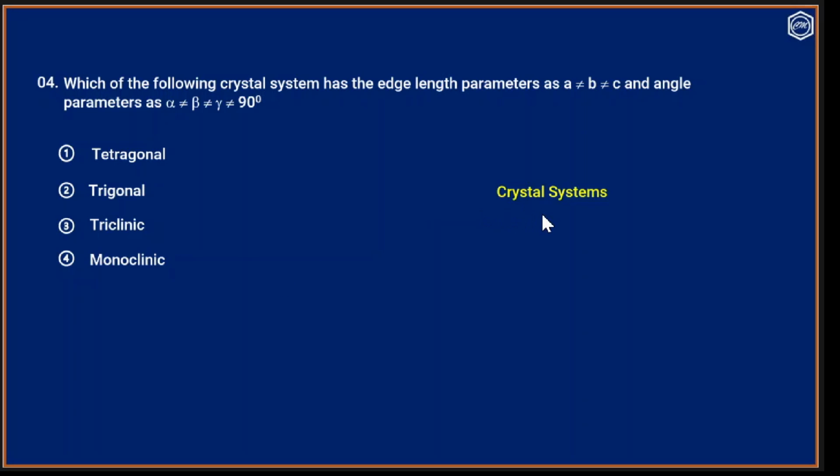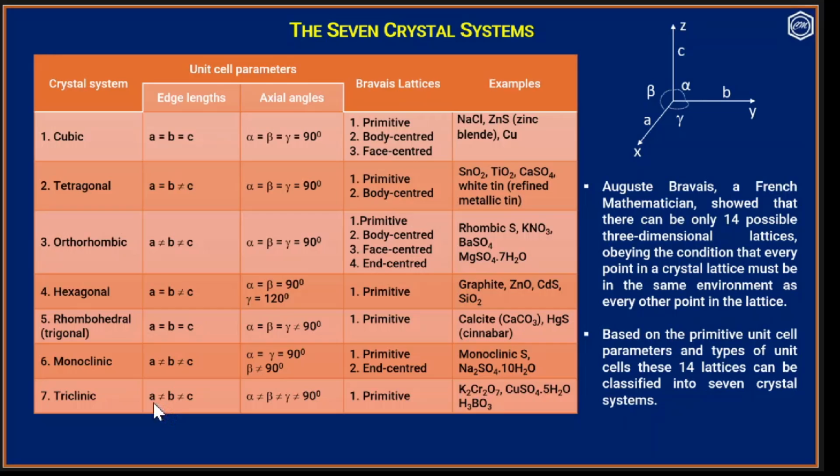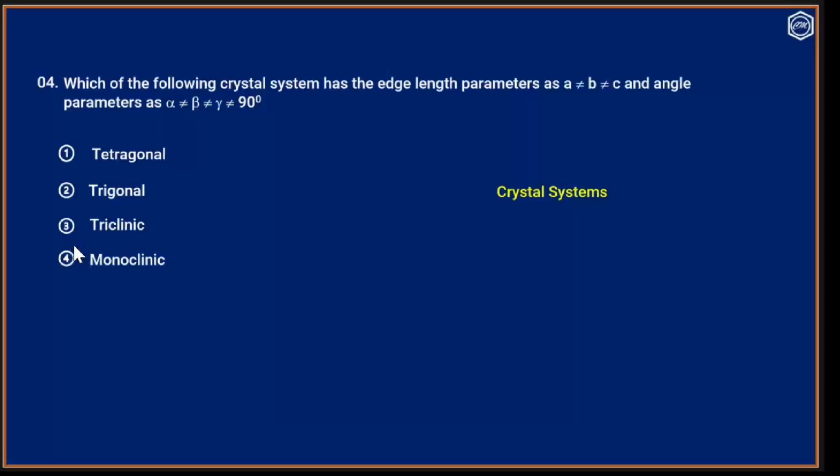Let us check the crystal systems. a not equal to b not equal to c, and alpha not equal to beta not equal to gamma not equal to 90 degree. This system is triclinic. So option 3 is the correct answer.